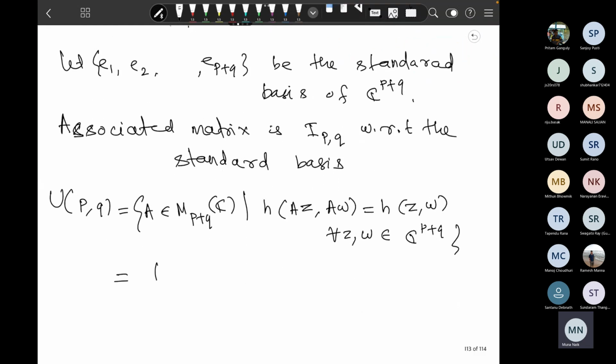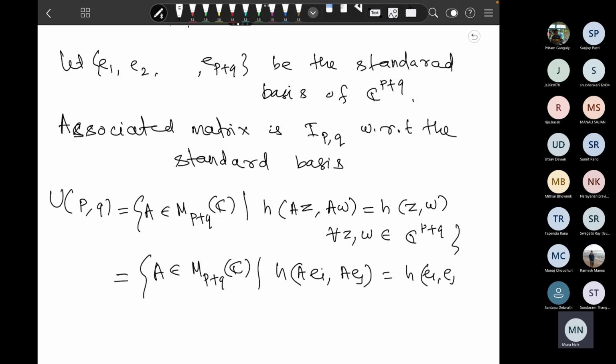This is the same as saying H(Ae_i, Ae_j) equals H(e_i, e_j) for all 1 less than or equal to i, j less than or equal to P+Q.